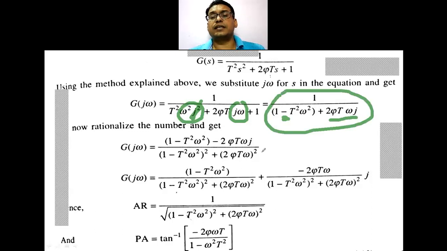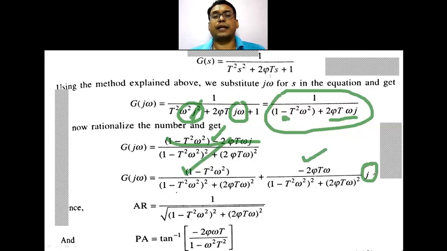So the next thing is that you have to rationalize this system. For rationalization, you multiply with 1 minus tau square omega square minus 2 phi tau omega j, and then separate the real part and the imaginary part.